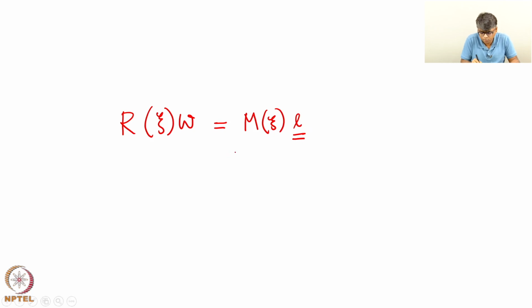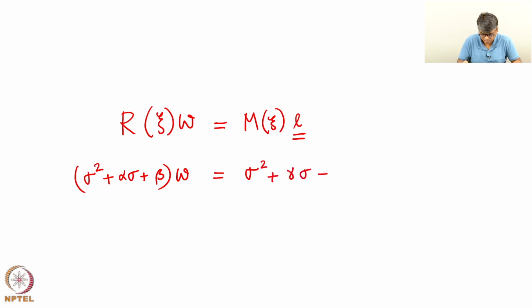It says it is not equal to 0, but once again, if I go back to my time series analysis, suppose I have σ² + ασ + β acting on w, this must be equal to, suppose, σ² + γσ + δ acting on l. What does this mean?